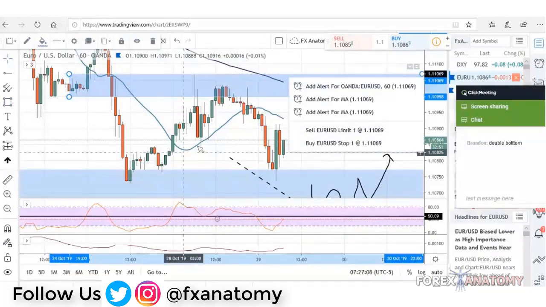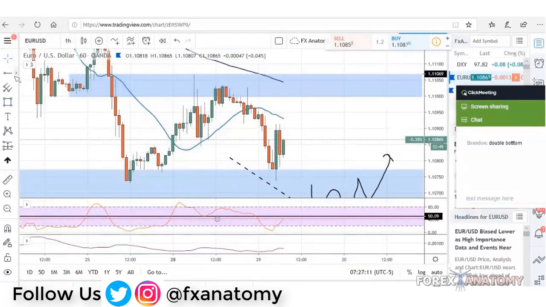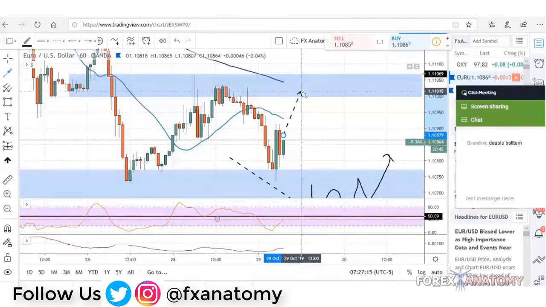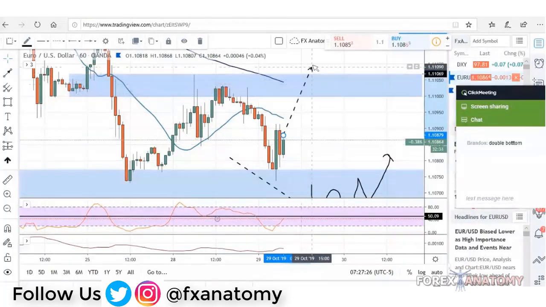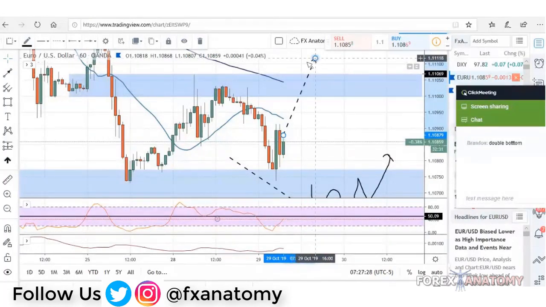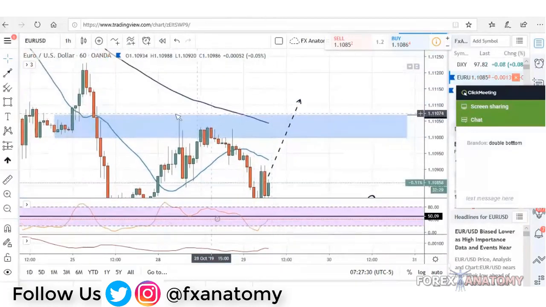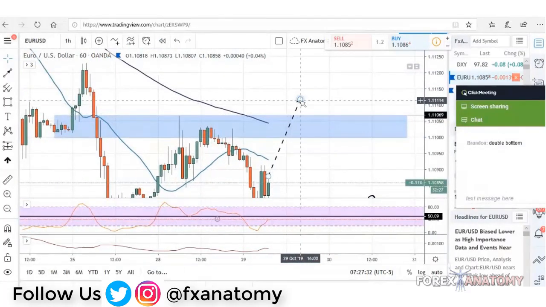Now let's just assume that price decides to push higher into this zone. If price decides to push into this zone and we don't get a break above this swing high up here, then you want to look for an opportunity to sell upon bearish confirmation. But if we do get a break and close above this swing high, then you want to look for opportunities to buy on a pullback in price.